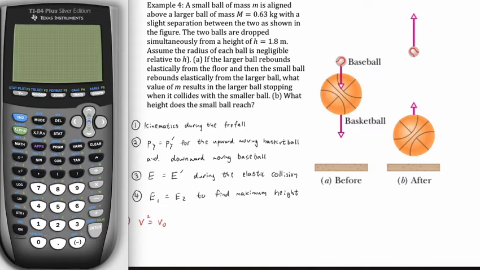So we're going to use v squared equals v naught squared plus 2 a delta y. Okay? And so what that's going to look like is v squared is going to be equal to 0 squared, plus 2 times negative 9.8 meters per second squared times 1.8 meters.